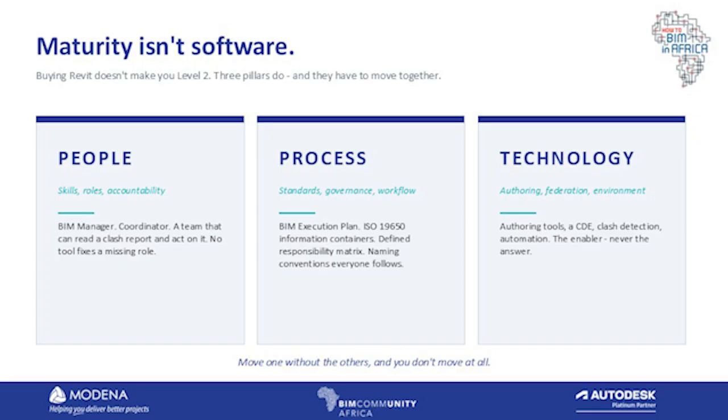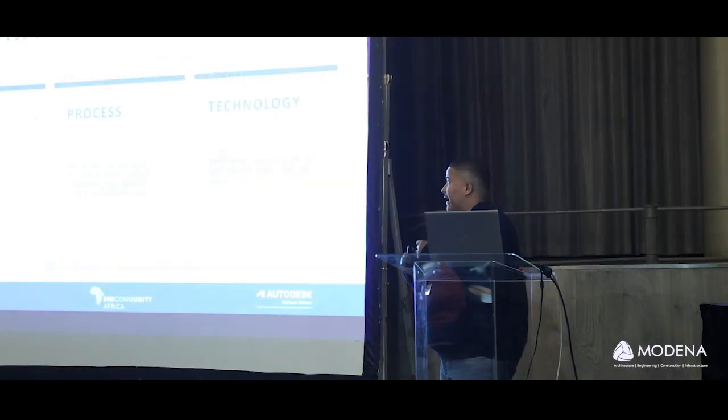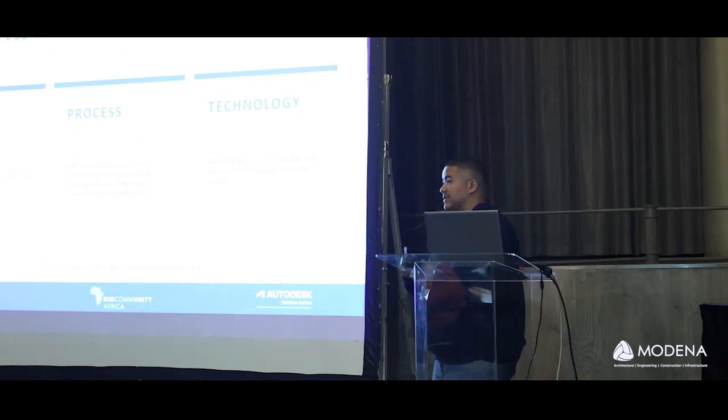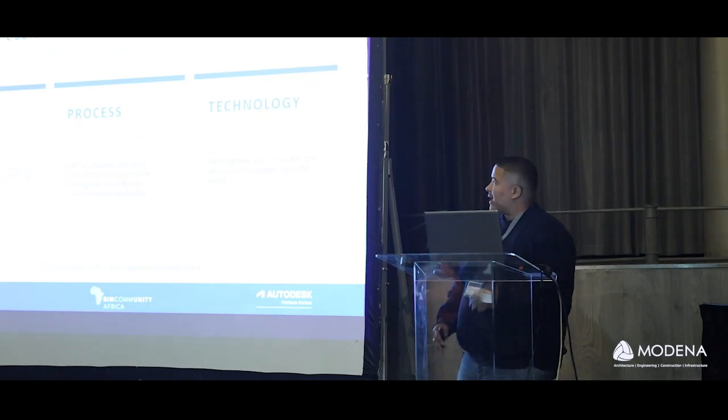For example, that you could be making out of BIM managers, BIM coordinators. Then after, it drives to the next, which is the process: having governance for your projects or your organization, execution plan, information containers, responsibility matrix, etc. And then thereafter, we have technology, which is kind of like the enabler. So think of it like this.